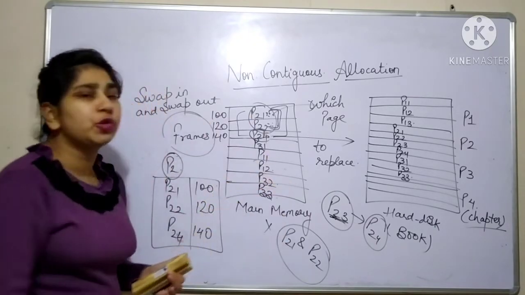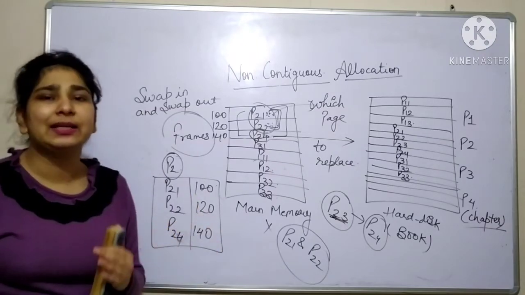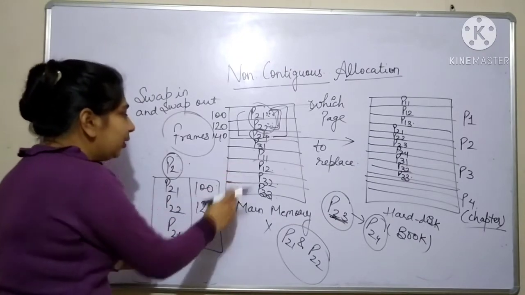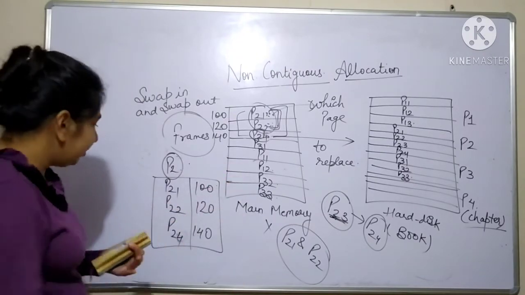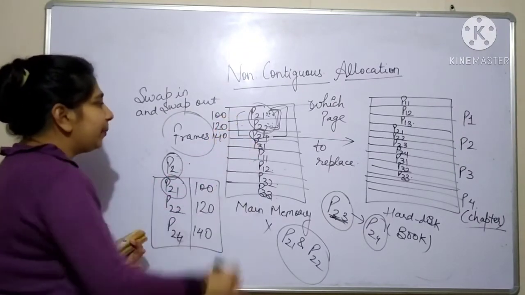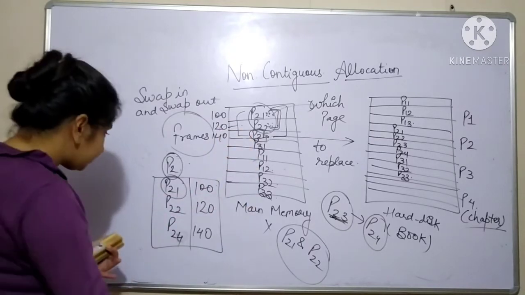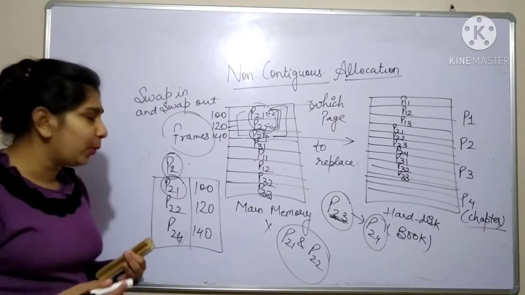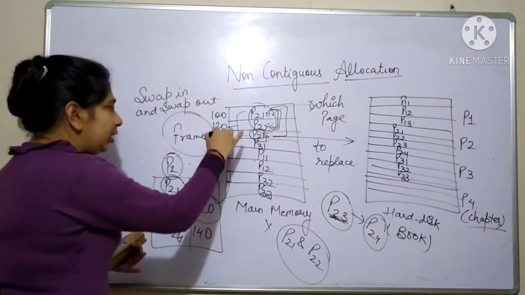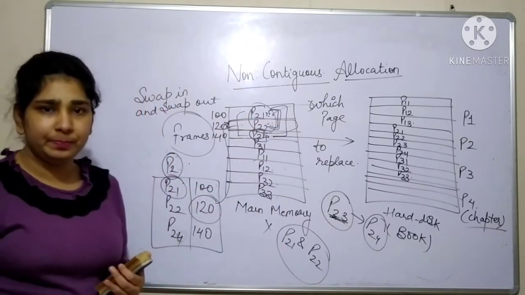Because your pages are stored dynamically, we should make one index table for one process, showing the location where each page is present. Page P21 is present at location 100, page P22 is present at location 120. So now if your CPU is requesting some instruction number, we can go directly to that memory location and fetch the required instruction.